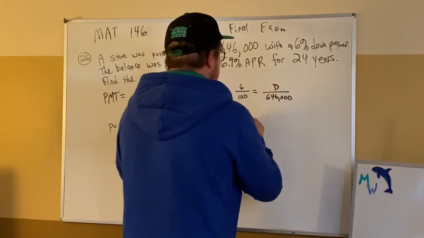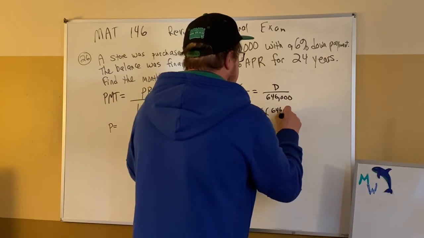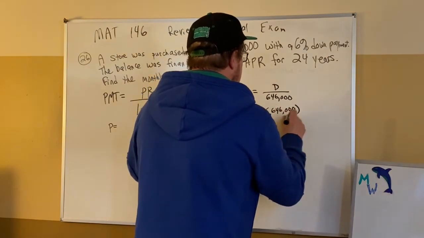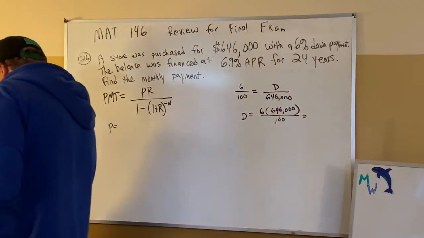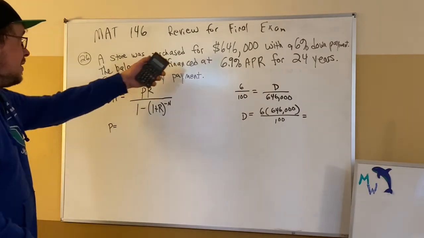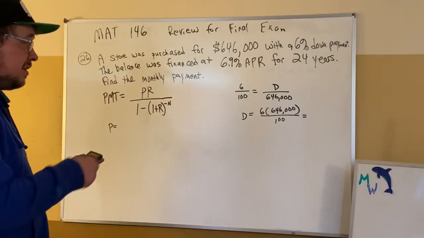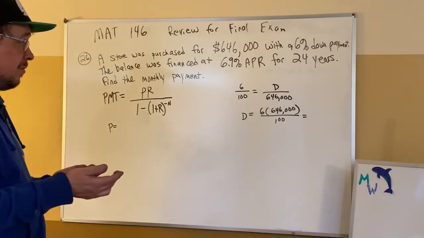So D is going to be 6 times $646,000, divided by 100, and that'll get me the down payment, which is an essential part of determining how much money is borrowed. We can't just grab P as 646,000. They're not borrowing all of that money. 6% of it is their own money. They're borrowing 94%.